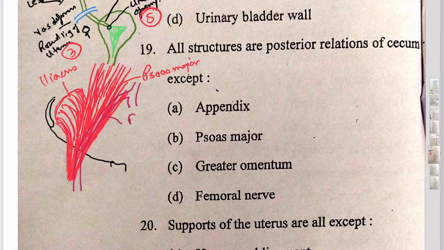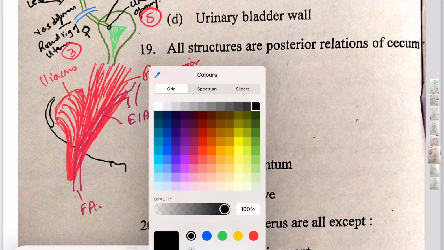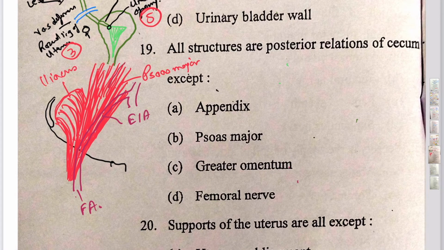So this is the external iliac artery, and this is the femoral artery. Aligned to this, there is one more artery that descends in front of psoas major, and this artery is the gonadal artery, the ovarian or testicular artery.